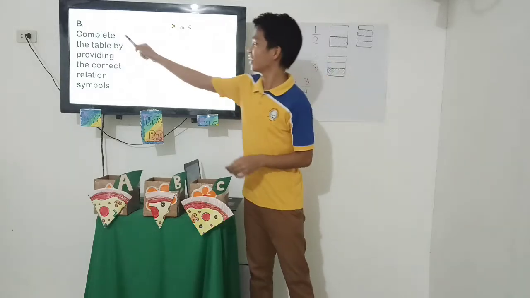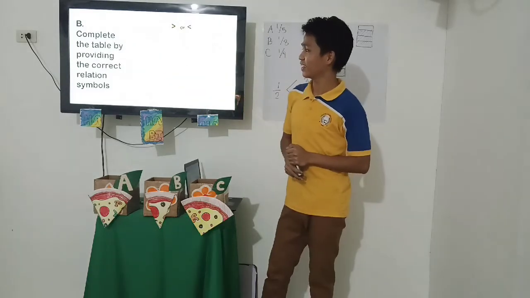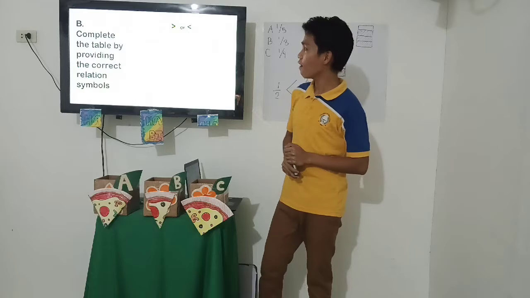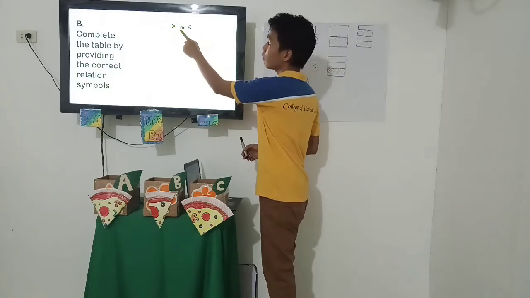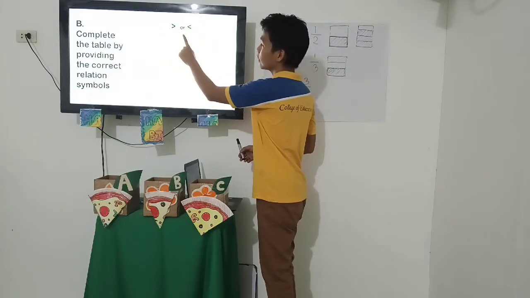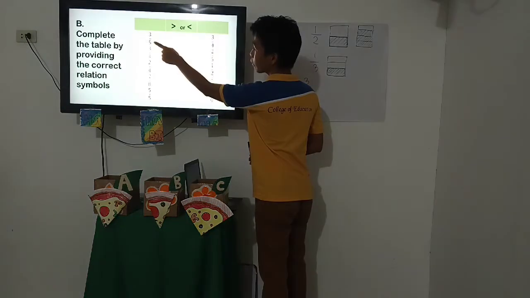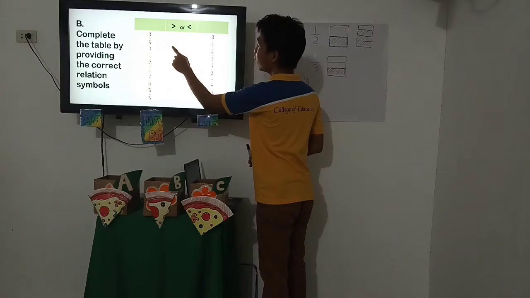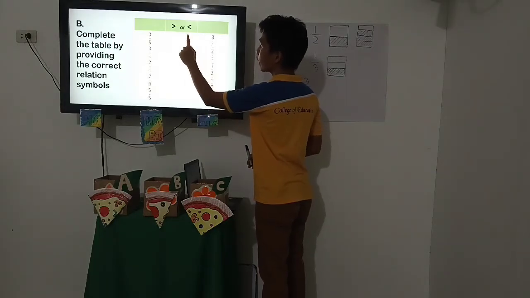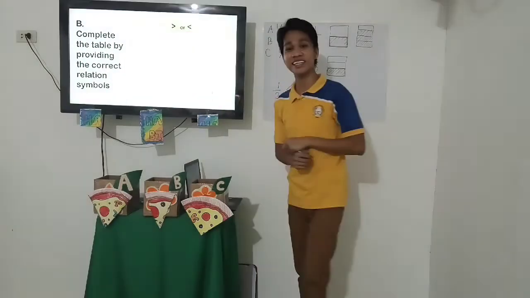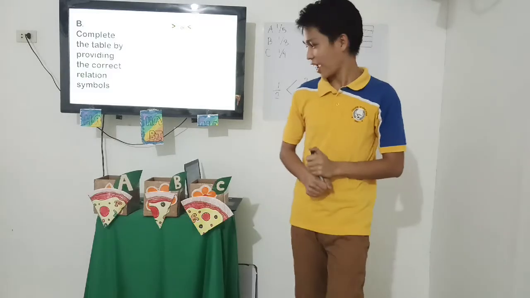Yes, Paulo. Complete the table by providing the correct relation symbols. Okay, these are the relation symbols, and you're going to write either greater than or less than. If this one is greater, then you will write greater than. If this one is greater, then you will write less than. Do you understand? Yes, sir.